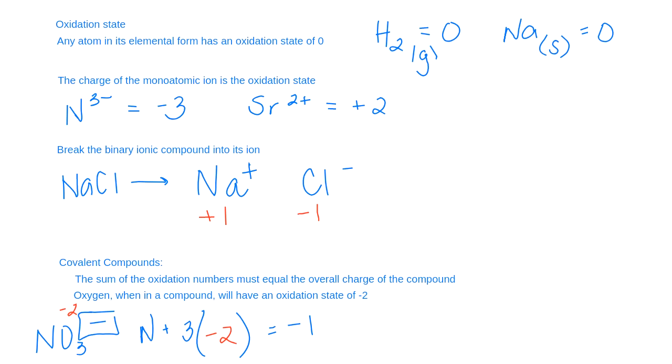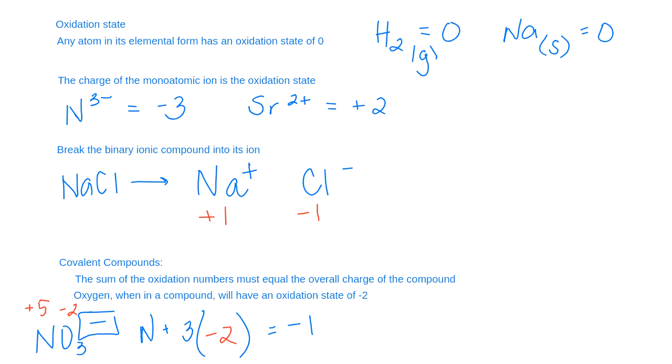The sum of those two elements has to equal -1 since that's the overall charge of the compound. So we do a little bit of math, and we find that the oxidation number of the nitrogen has to be a positive 5.